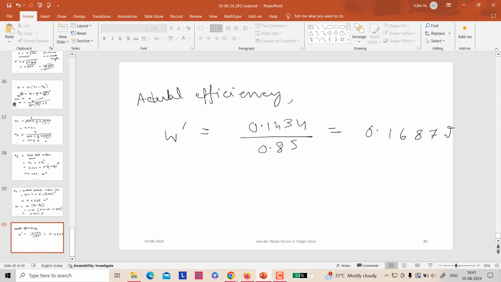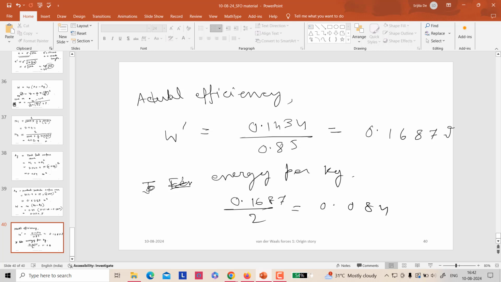So the energy per kg will be 0.1687 by 2, that is 0.0844 joule per kg.